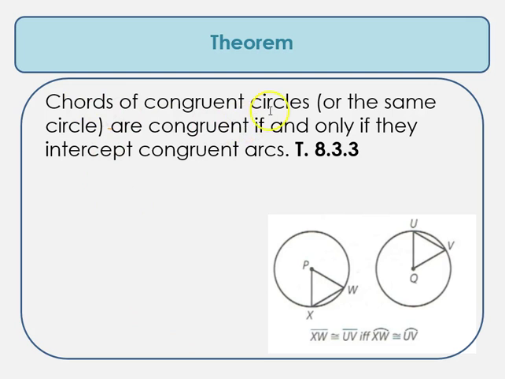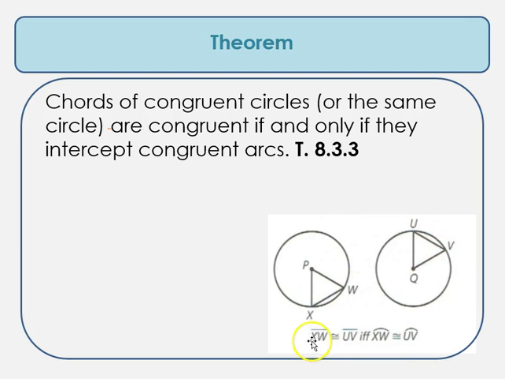And chords of congruent circles or the same circle are congruent if and only if they intercept congruent arcs. So if arcs XY and UV are congruent, then their chords XY and UV are congruent.